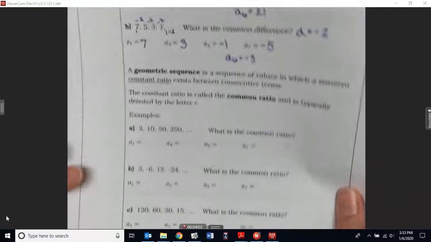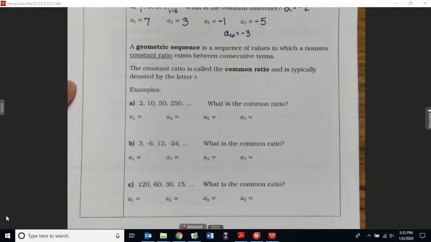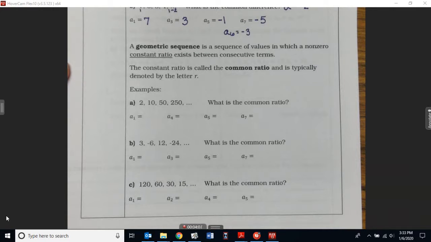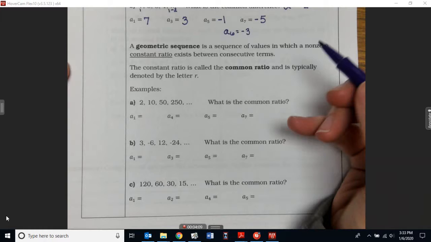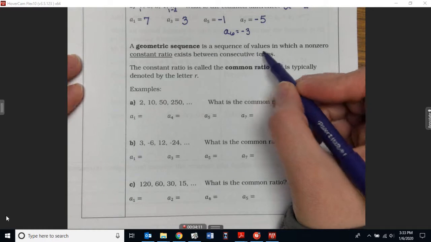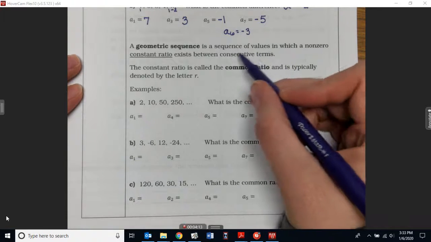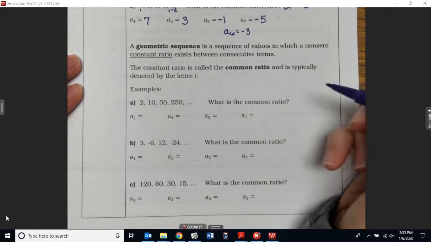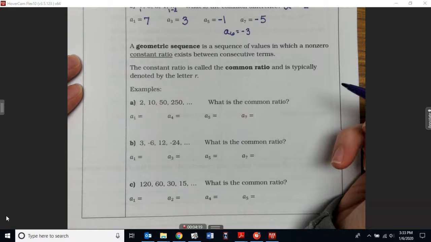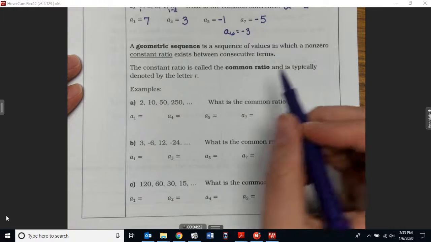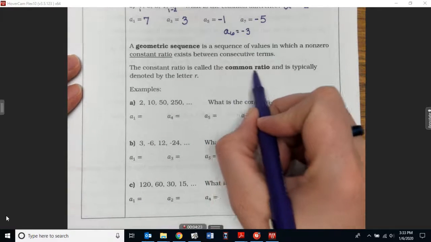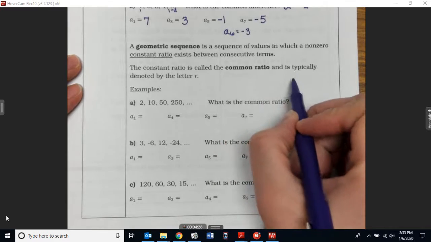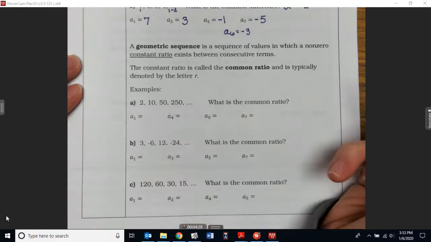All right, let's look at what a geometric sequence is. A geometric sequence is a sequence of values in which a non-zero constant ratio exists between consecutive terms. So the constant ratio is called your common ratio and is typically denoted by the letter r.